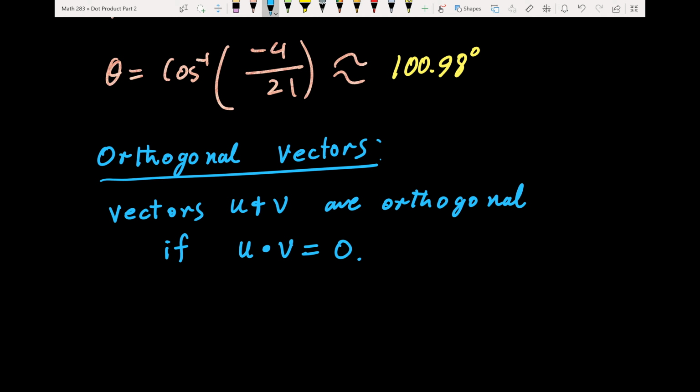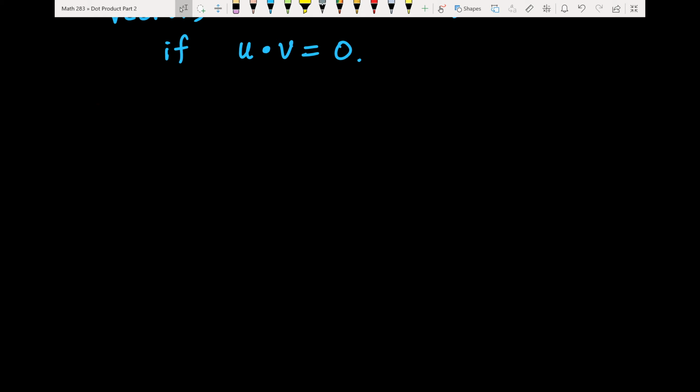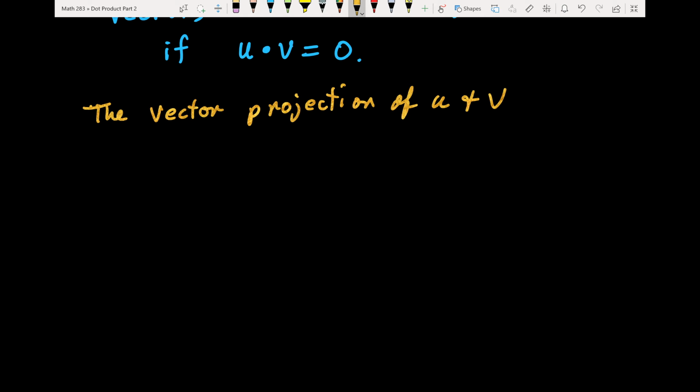Now the vector projection of u and v is the vector. So we're going to look at the projection of vector u over v. Ready?